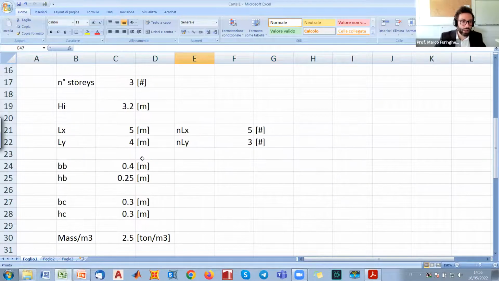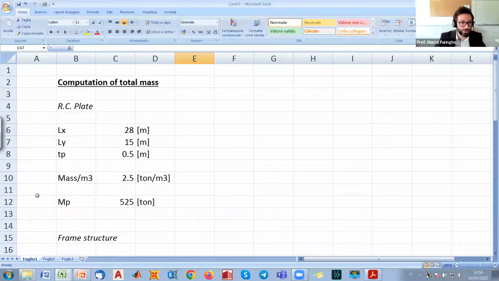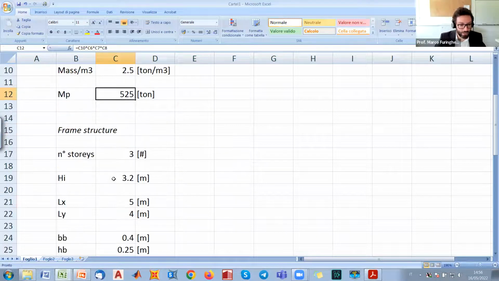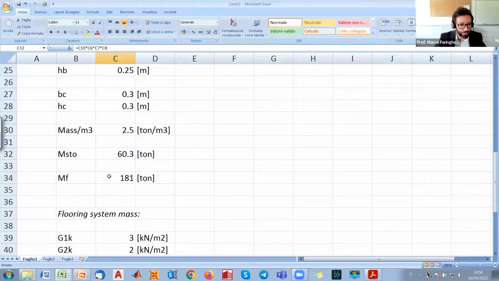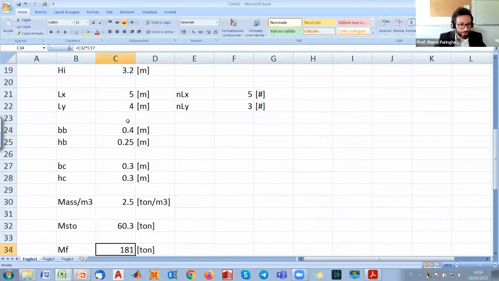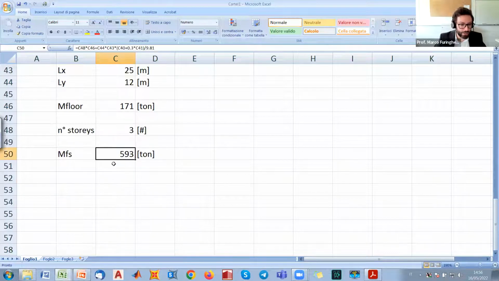So now we have all the contributions, which is the reinforced concrete plate, which is 500 tons. Then we have approximately 200 tons of the frame, and then 600 for the flooring systems.